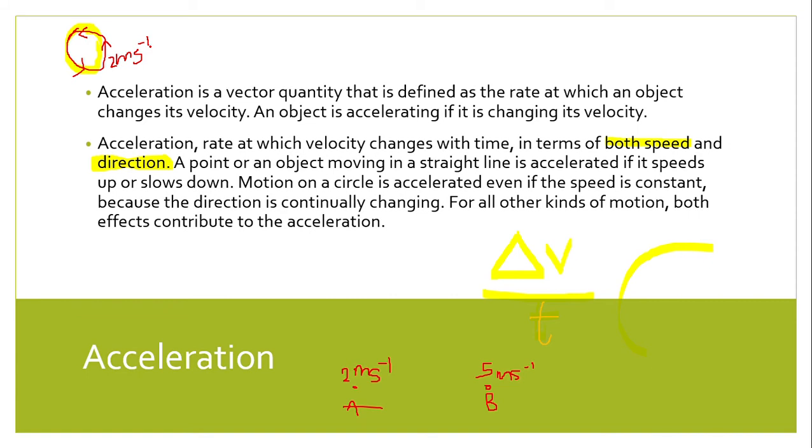So why do we still say that the object is accelerating or that my car is accelerating? The point is that it's not changing its speed, it's not changing the magnitude of its velocity, however, it is changing its direction. So if it's changing its direction, it's changing velocity. The velocity is changed, so we say that it indeed is accelerating.